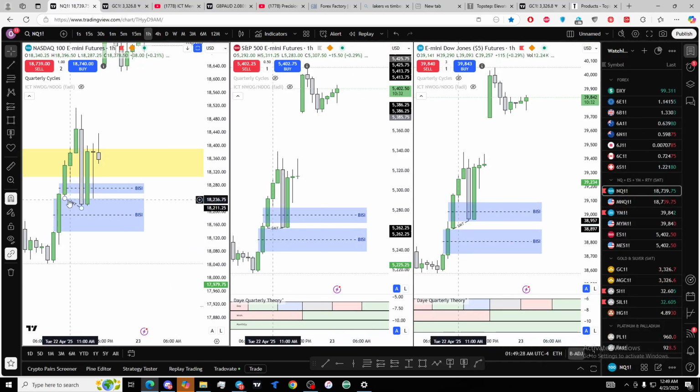And as you see, we have a lower low, we got a higher high, a higher low, and we have a higher low. So we got some SMTs.